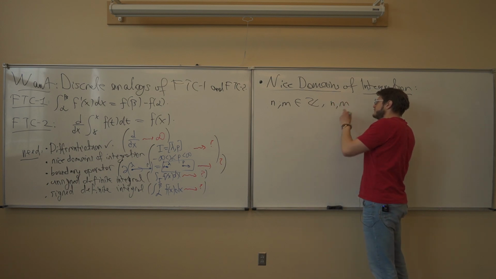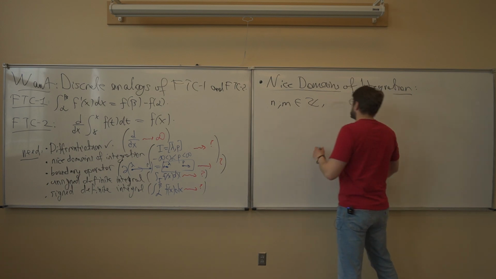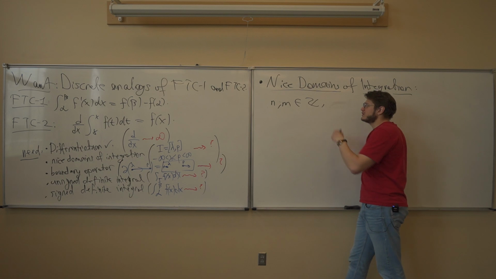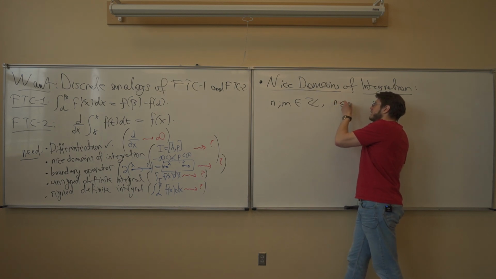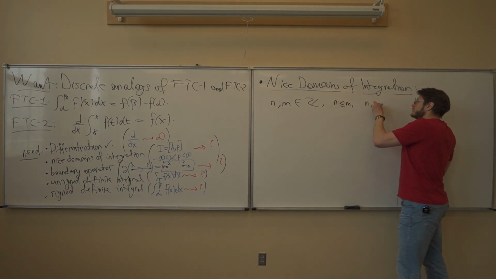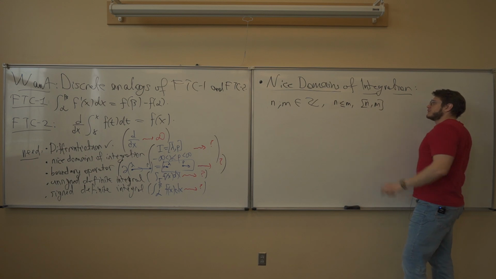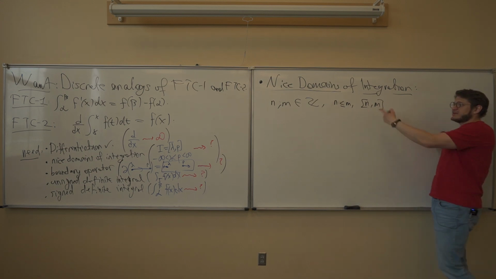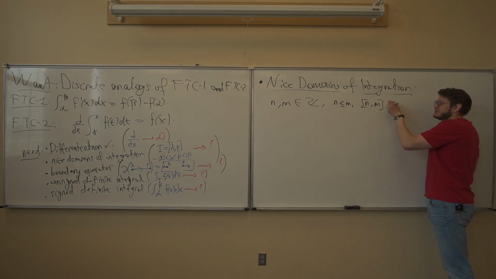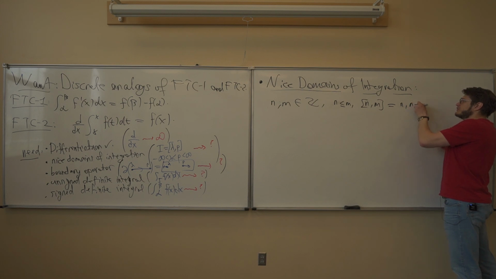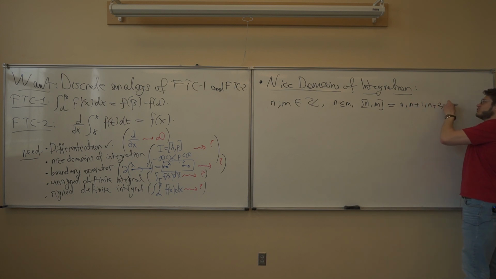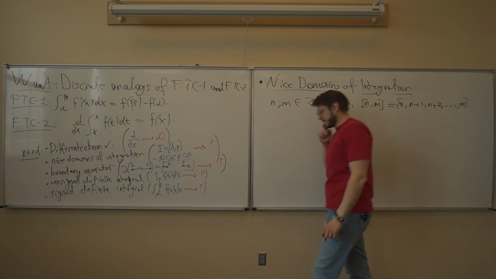What your colleague suggested, a closed and bounded interval, now is going to be this. I'm going to use the interval notation, but I really mean, of course, n plus 1, n plus 2, all the way up to m. Okay.